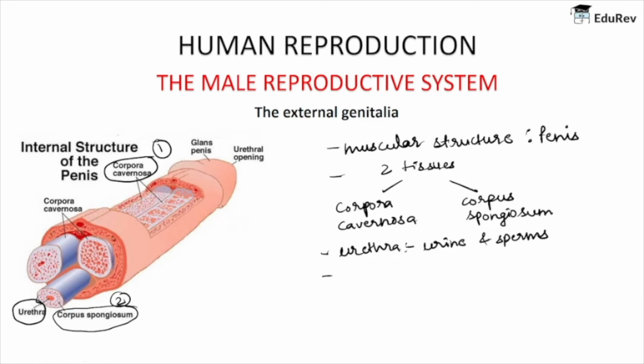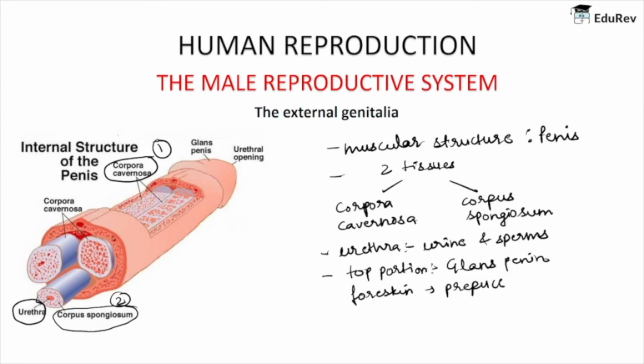Now the top portion of the external genitalia is called the glans penis, which is generally covered with the foreskin, which is called prepuce.